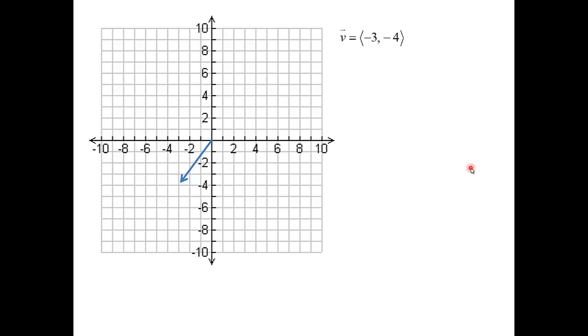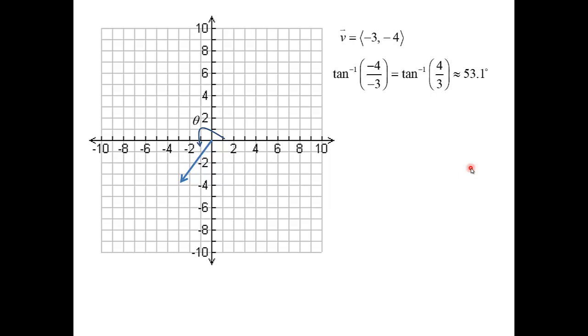So let's see what you have to do. Notice that if I want to find this angle theta, I'm going to do inverse tangent of negative 4 over negative 3, which is inverse tangent of 4/3, which we already found is approximately 53.1 degrees. Now, that's obviously not the direction of that vector.